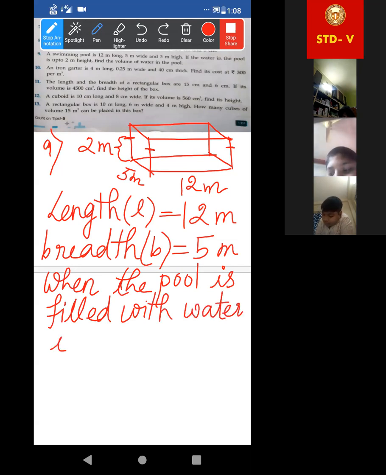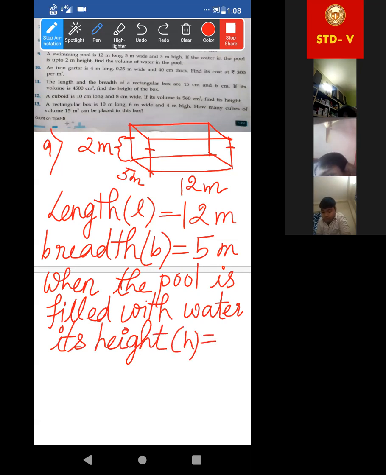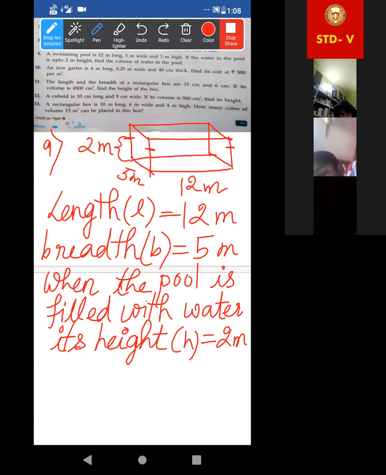Understood? Height is given 2 meter. This one is clear to you, yes or no? Yes, ma'am. Everybody? Yes, ma'am. So, volume clear?